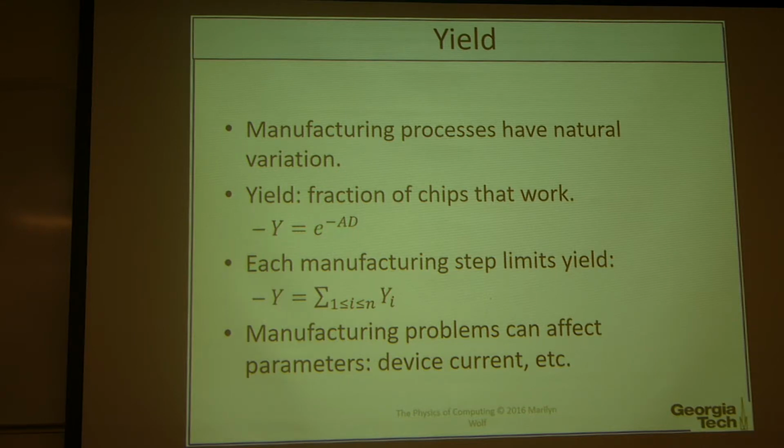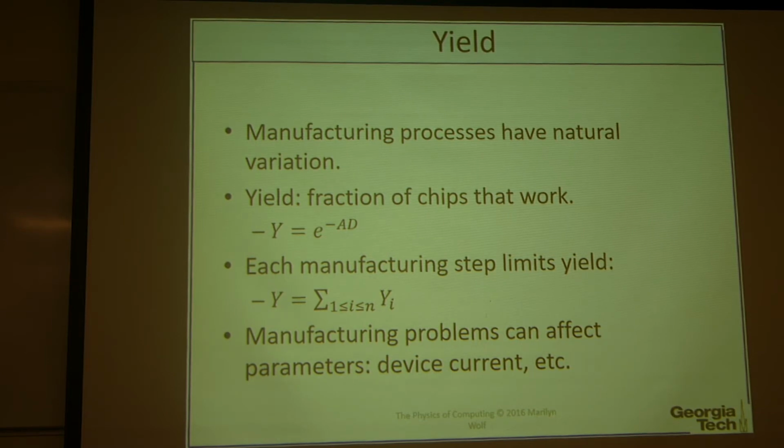It can be computed by exponential of the area times defect density. So if area becomes large or defect density gets large, this yield, which is a fraction of the chips that actually work, decreases. This yield depends on each step, so it will be the sum of the failures that we had in the previous steps up to the point we finish.